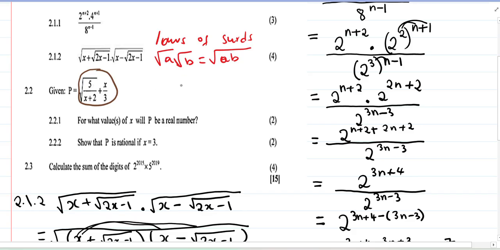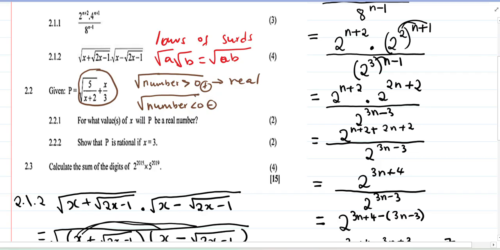So when do you have real numbers and non-real numbers? You have a real number if the number under the square root is greater than 0. But if the number below the square root is negative, then the answer will be non-real.